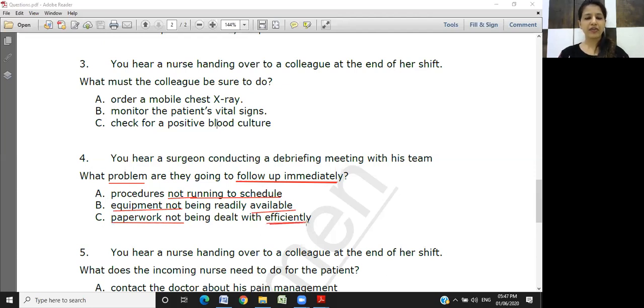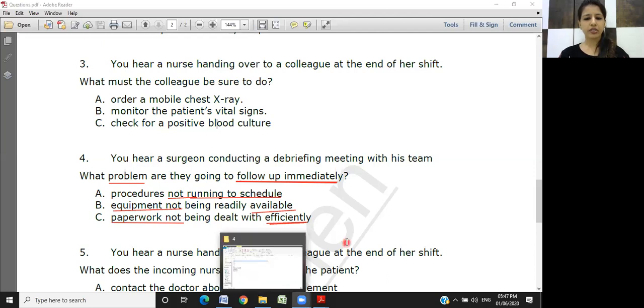Remember, again, you will have something about each three answer choices there. You have to find out which problem are they going to address immediately. Is it the schedule? Is it the equipment? Or is it the efficient paperwork that they are going to deal with? This time I would play it once only to check if you are able to do it.